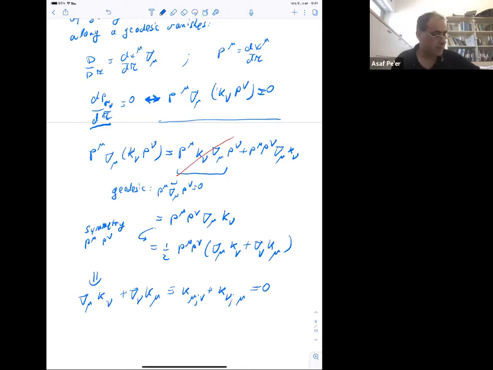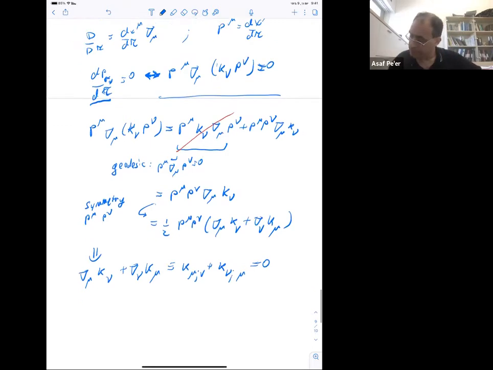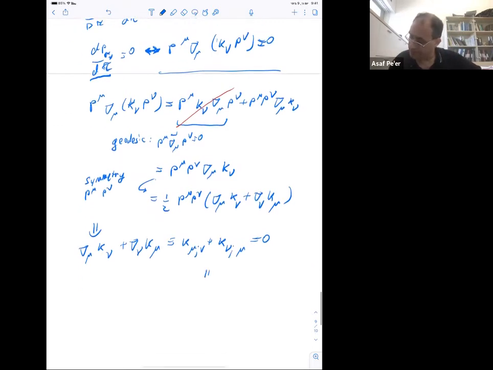And when this is satisfied, then this automatically implies that K mu P mu is conserved along the geodesic. And P mu nabla mu of K nu P nu is equal to 0.